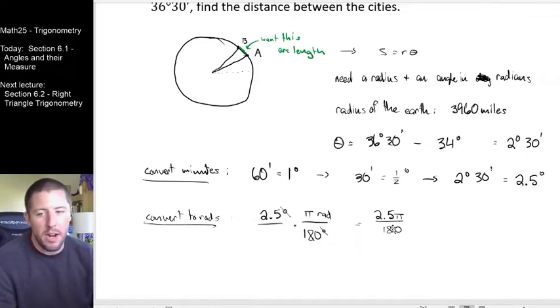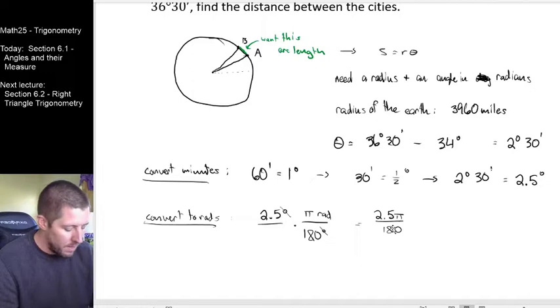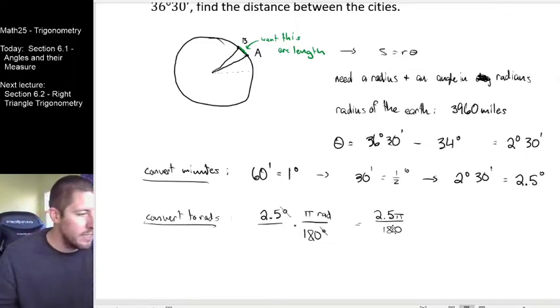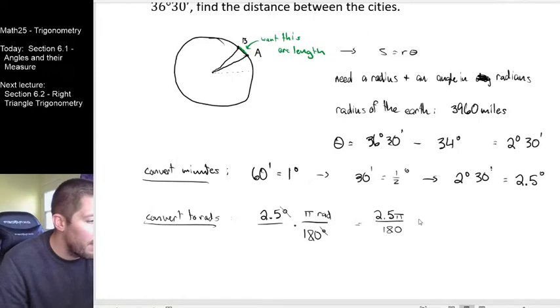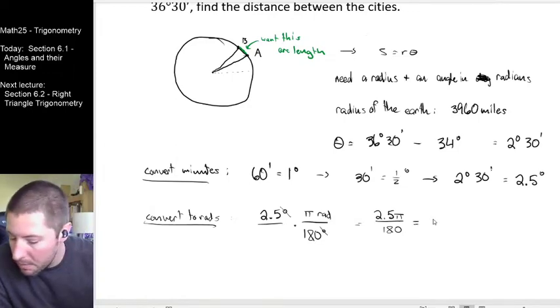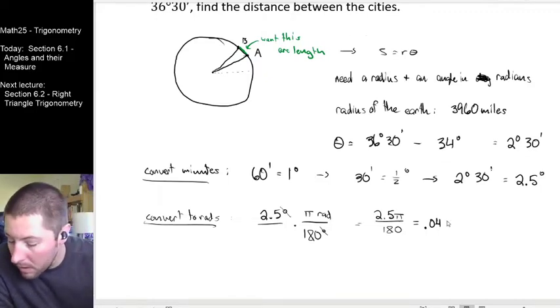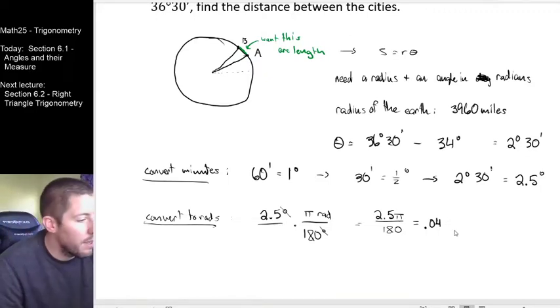So I'm going to keep like 4 decimal places. So 2.5 times pi divided by 180, and I'm getting 0.0436. In fact, I'm going to keep even a few more than that. I'm seeing here 0.043633.